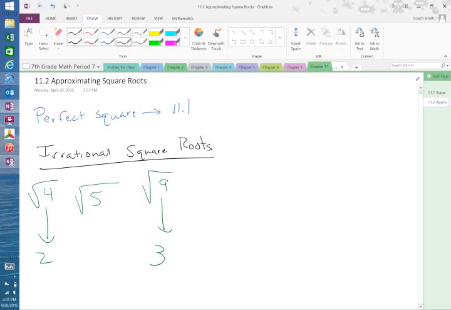So, that means that the square root of 5 has to fall between 2.1, 2.2, 2.3, 2.4, 2.5, 2.6, 2.7, 2.8, or 2.9.